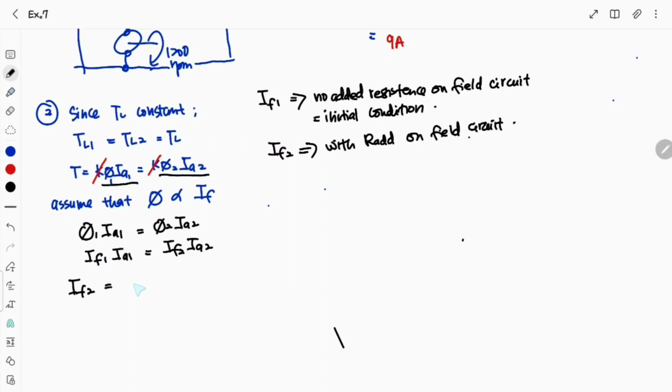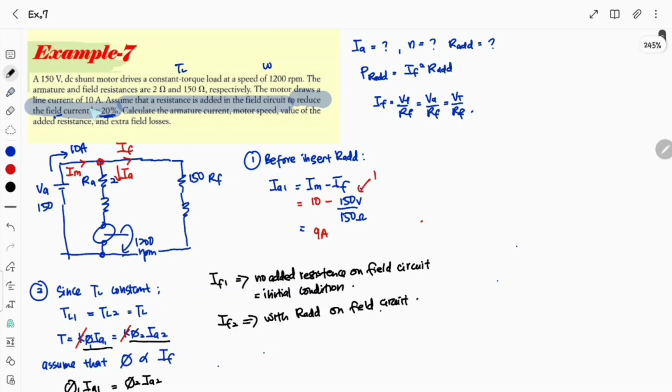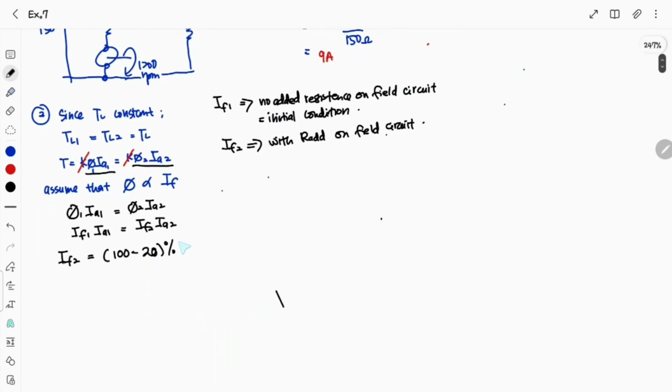IF2 is 100 minus 20%. The question said reduce field current by 20%, so from the original condition, the field current will be reduced by 20%, which gives you the new field current. So the new field current is 80% of the original state, which gives you 0.8 IF1.